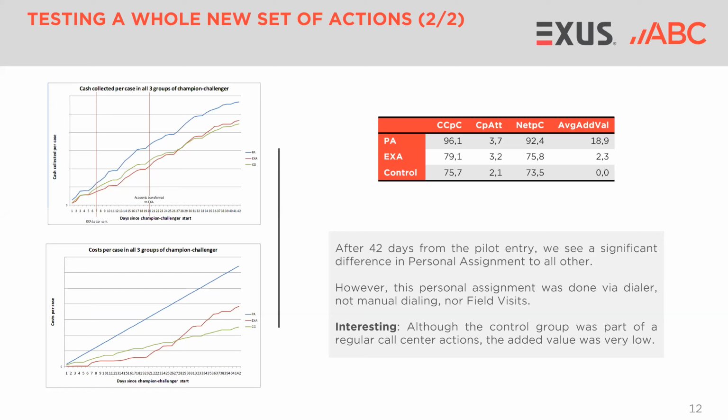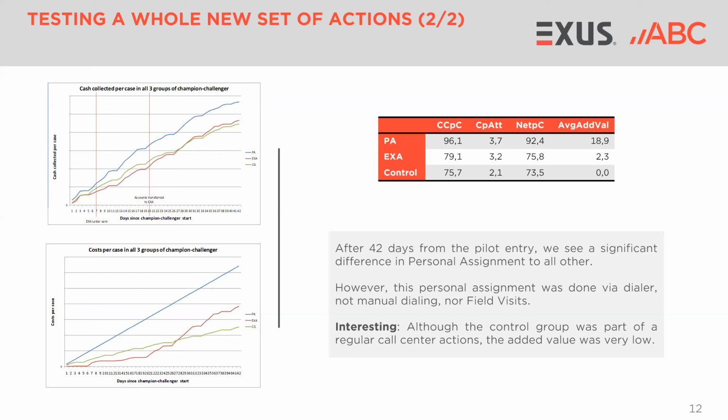On the cost side, you can see the table on the right side. CCPC is the cash collected per case. CPATT is the cost per attempt, per case. This is the bottom part. And if you look at it, the net is pretty good, compared to the control group.